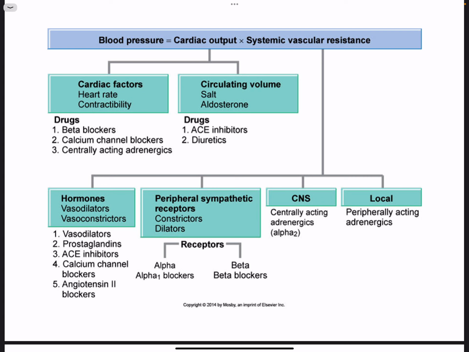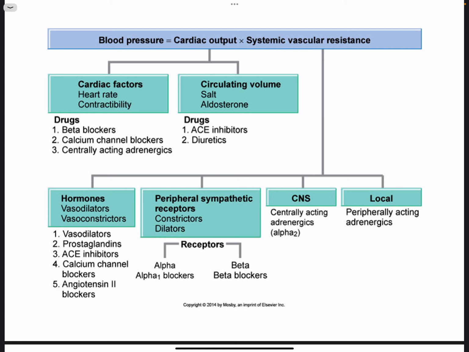Why do we block aldosterone? Because aldosterone promotes the reabsorption of sodium and water. That means it causes an increase in volume. So that is aldosterone. Now let us see the first group, ACE inhibitors.